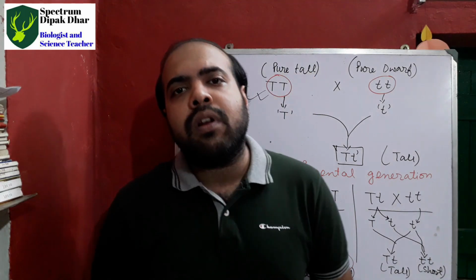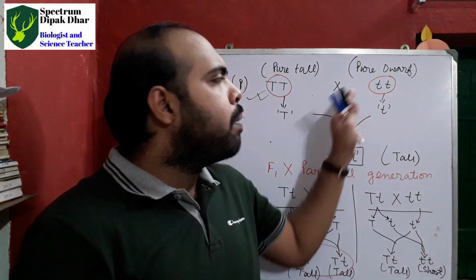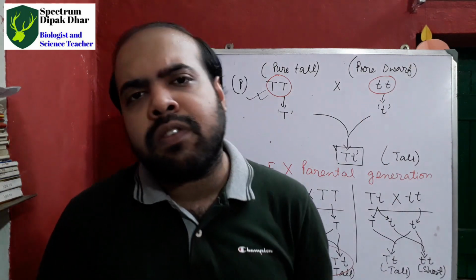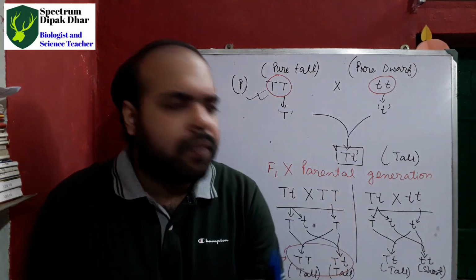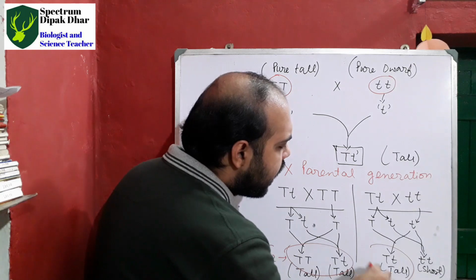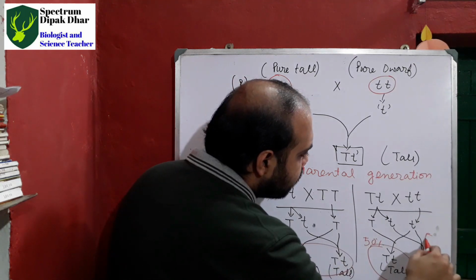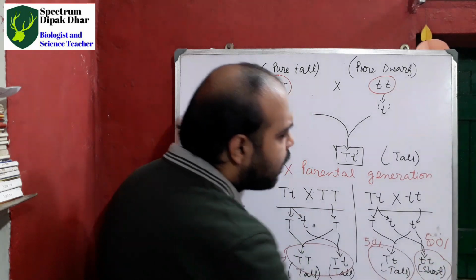But if you are crossing the F1 generation with the recessive parental generation, then 50% will have the dominant phenotype and 50% will have the recessive phenotype. So this is all about back cross.